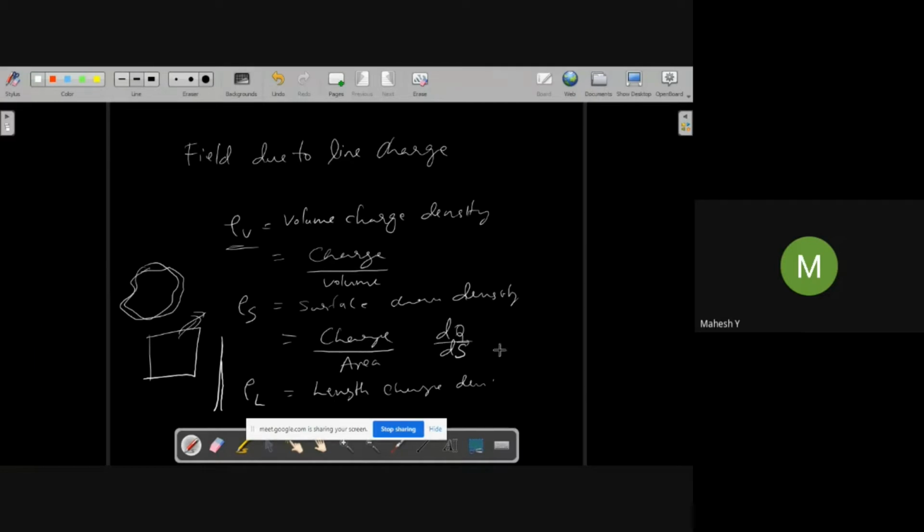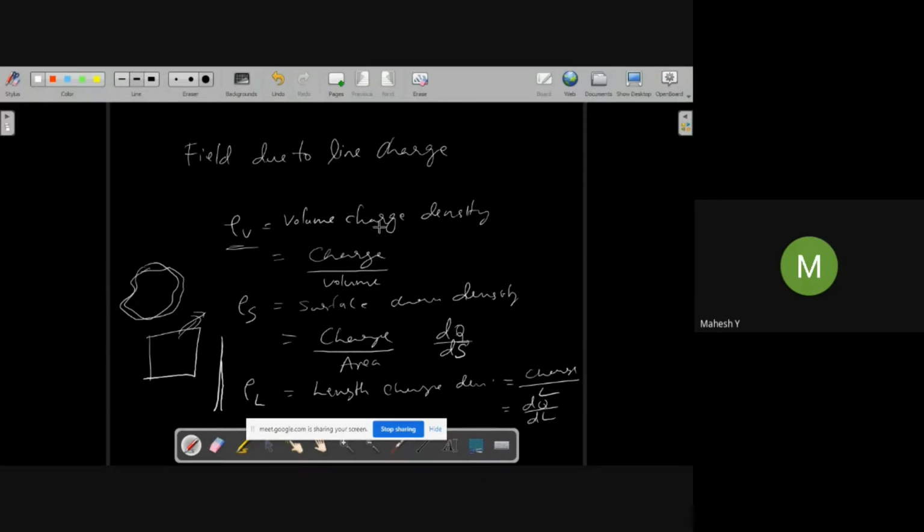It will be charge per length, or dq by dl. Yes, very good. So we got to know what is rho L.